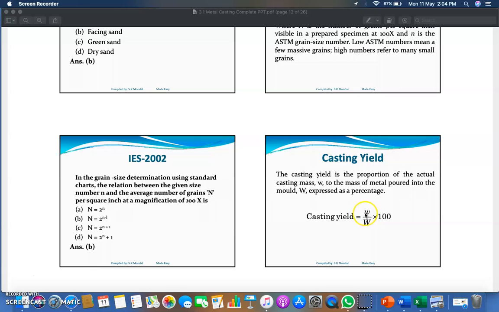Some amount may be vaporized or removed during cleaning or surface finishing, which creates a difference between the metal poured and the casting mass. The ratio of those masses gives you the casting yield. In this way, with the help of this formula, you can calculate the casting yield.